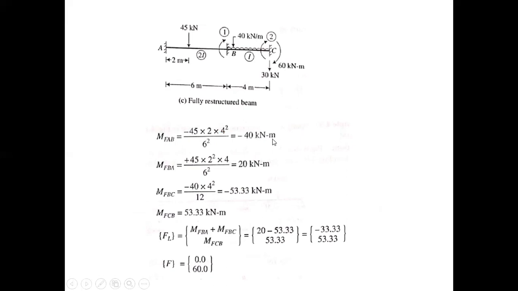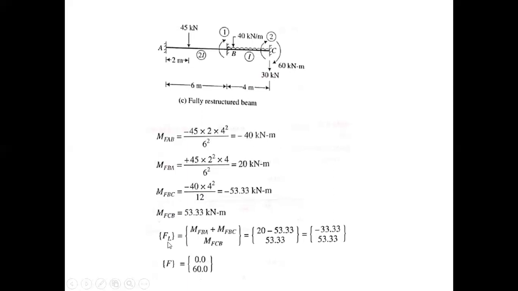This is minus 40 kilonewton meter. Similarly, MFBA will be 20 kilonewton meter. Only the values of a and b will change over here. MFBC for this UDL of 40 kilonewton per meter will be wL square by 12, that is minus 53.33 kilonewton meter, and MFCB will be 53.33 kilonewton meter.